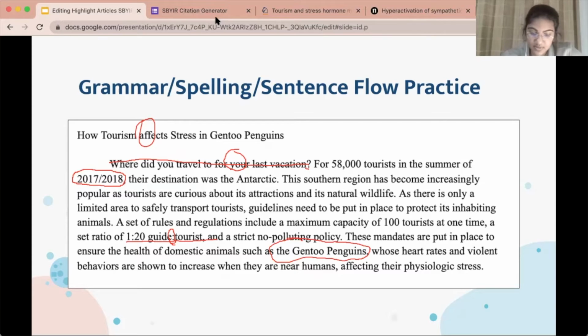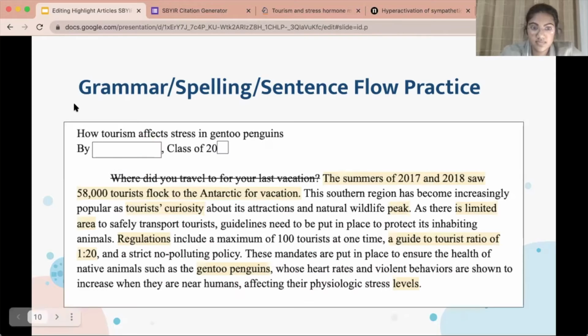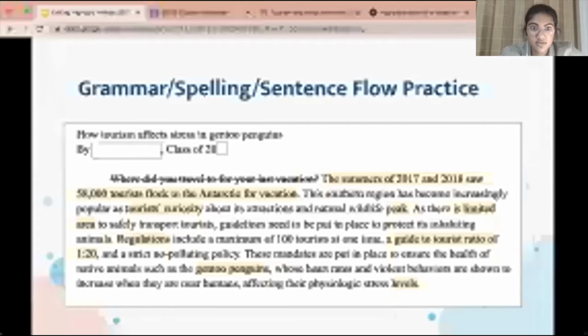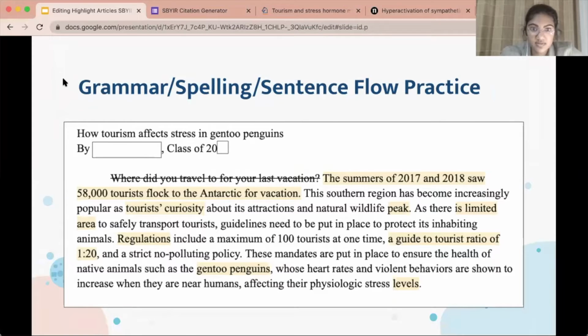If we go to the fully annotated version, all clear. Right, the summers of 2017 and 2018, just like was pointed out. There are a couple of things we talked about that could better the flow, like right here.